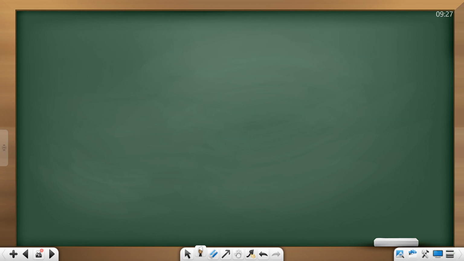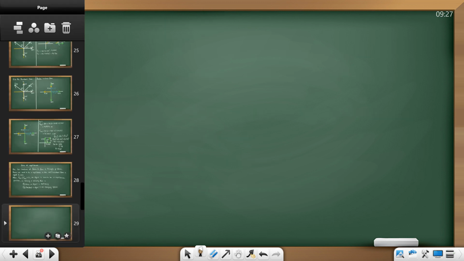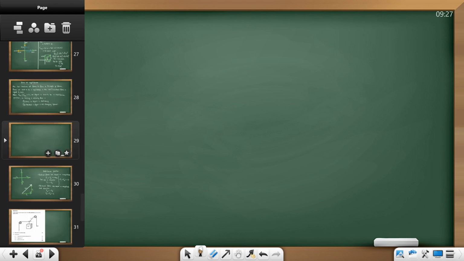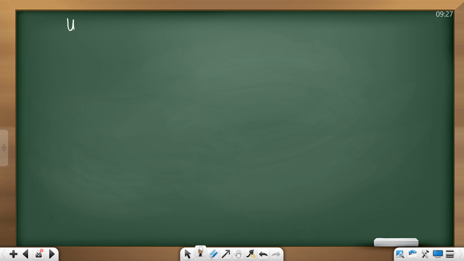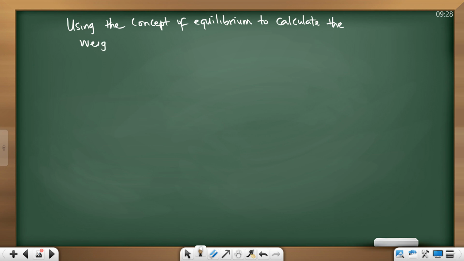Now, everybody look at this. Using the concept of equilibrium now to calculate the weight or mass of an object.